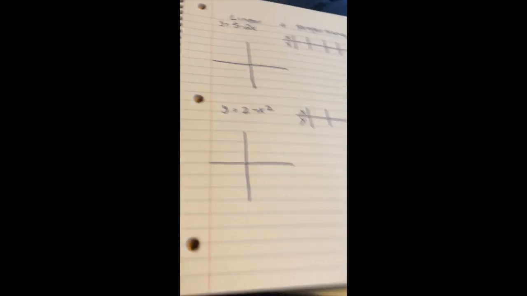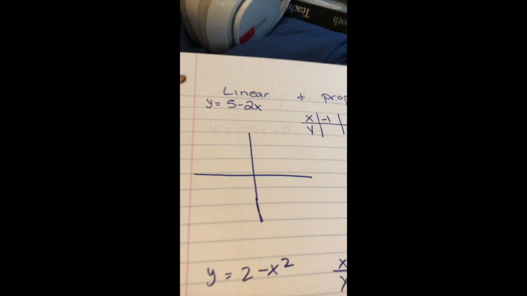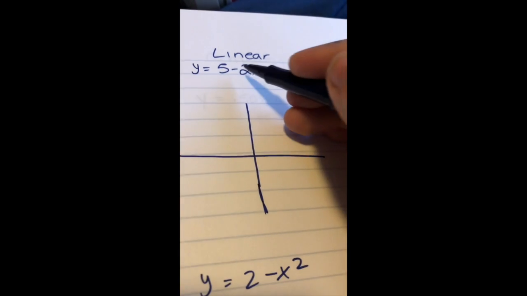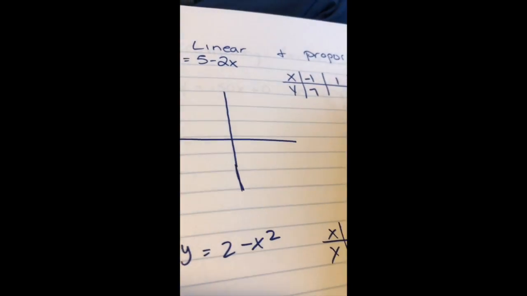We are going to do some more describing functions. We are going to look at 5 minus 2x. We are going to plug in -1, 1, 3, and 5. Now, if we plug in -1, we're going to get 2 times -1 is positive 2, plus 5 is 7.